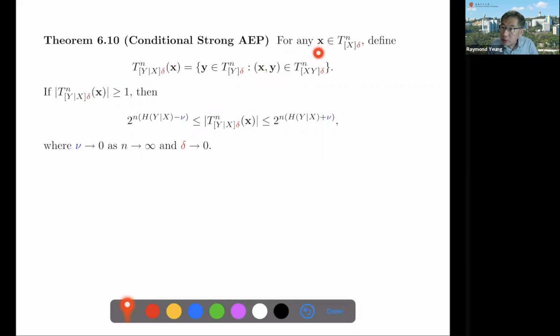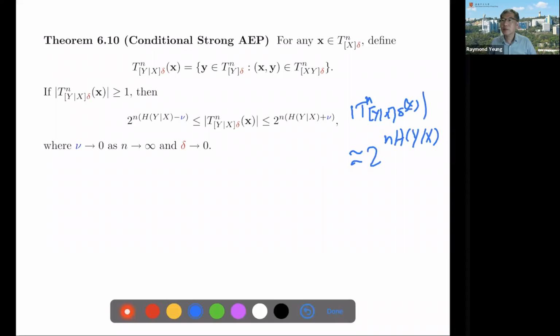Now this theorem says that if there exists at least one such y which is typical with that x, then the number of y's that are jointly typical with that x is approximately equal to 2 to the power n times the conditional entropy of y given x. This is what the conditional strong AEP says.